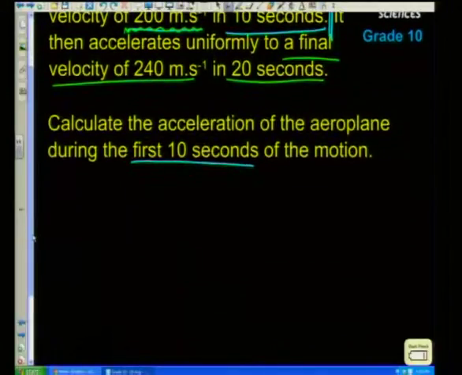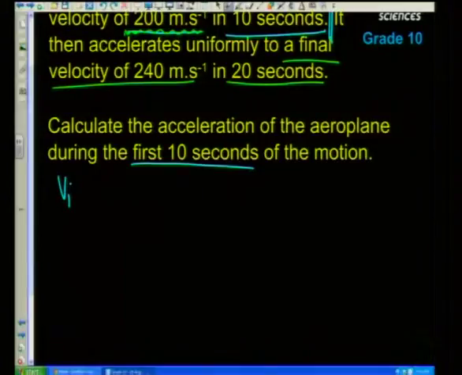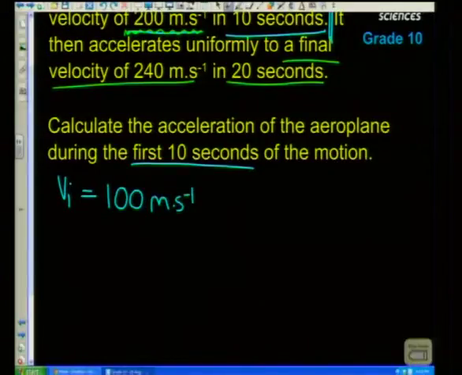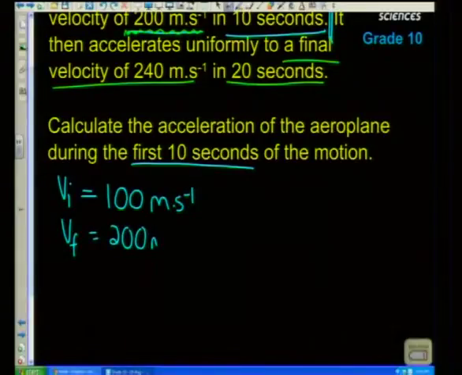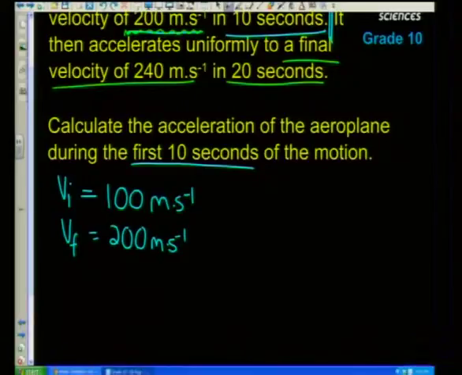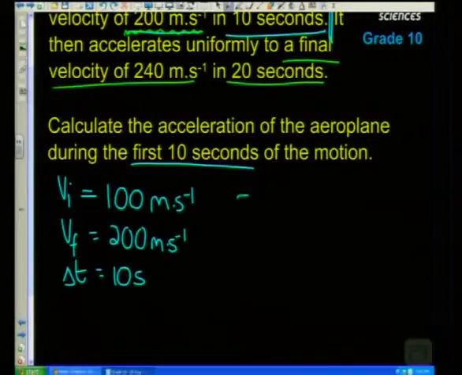So, first 10 seconds, my initial velocity was 100. My final velocity was 200. And my time, 10 seconds. We want acceleration.